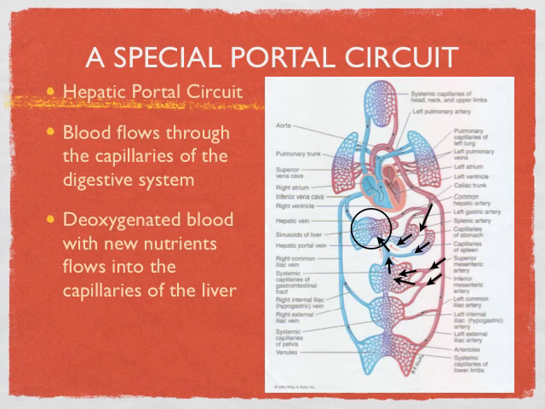So all of the blood from the digestive system, you can see, is entering the capillaries of the liver. You might think, oh, the liver, how does the liver survive? It doesn't if it's getting that deoxygenated blood, but hopefully you noticed right here one of the arteries does deliver oxygen to the liver to supply the oxygen needs.